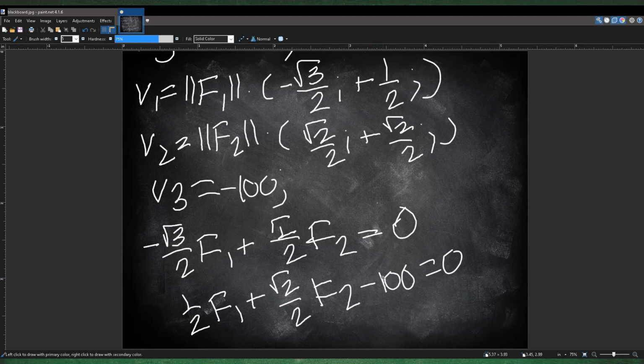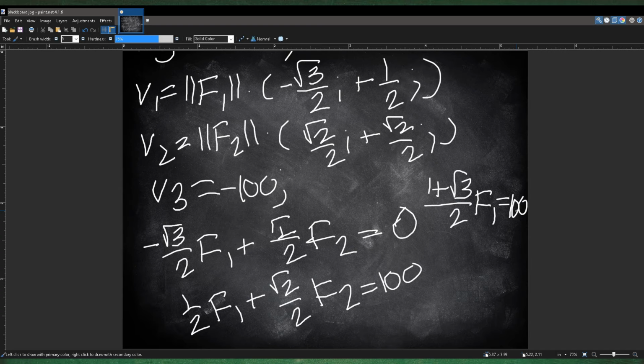For the second equation, I'm just going to add 100 to both sides, so it equals 100. Then I'm going to subtract the second equation from the first equation. That would be 1 plus square root 3 over 2 times f1. The force 2 terms are the same on both sides, so subtracting them gives 0. And then 100 minus 0 is 100.